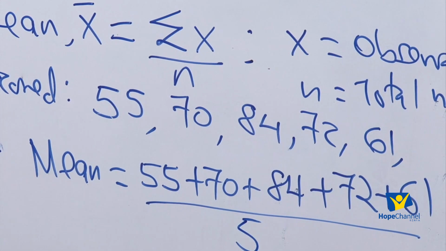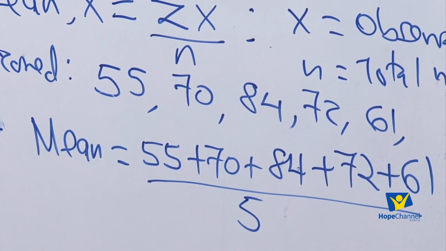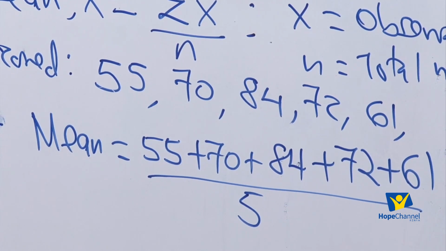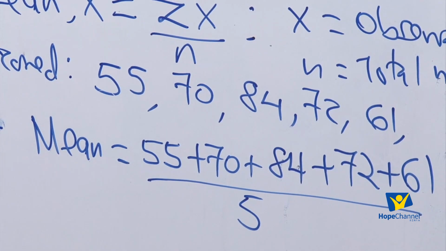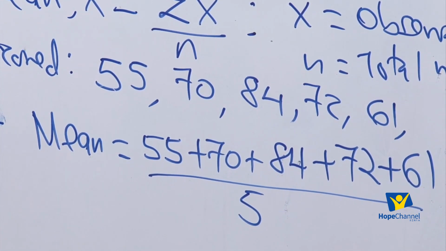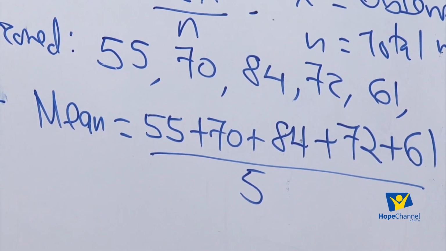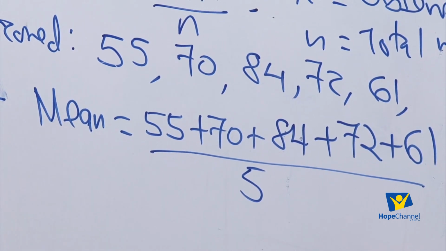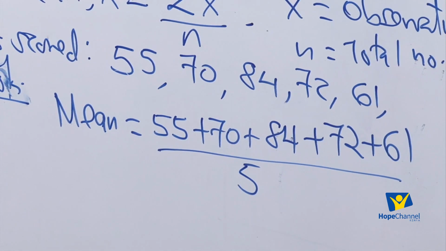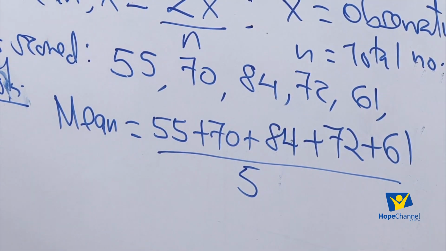So let's work it out. Add with me. 55 plus 70 plus 84 plus 72, then plus 61. That gives me a total of 342.